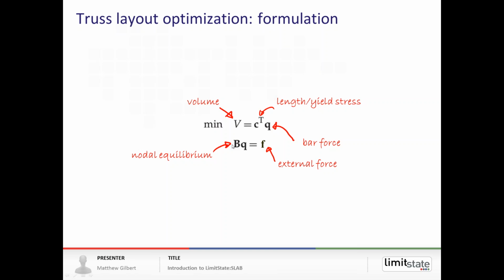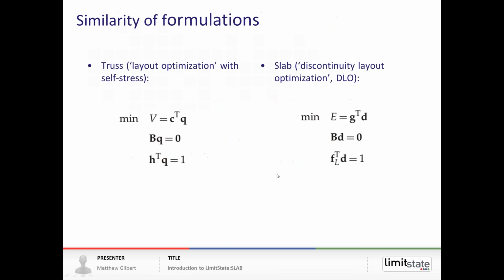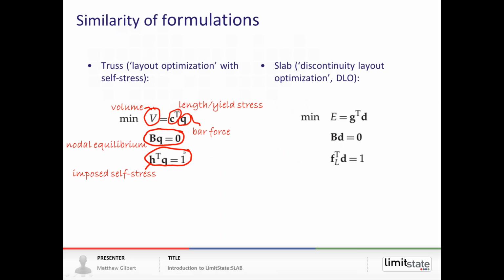So at every node, we are verifying that we have equilibrium in the x direction and the y direction. If it's a self-stress problem, then the external force F here is actually 0. I'm showing that again, but this time with the right-hand side of the equilibrium form as 0. And now I've also added a self-stress constraint.